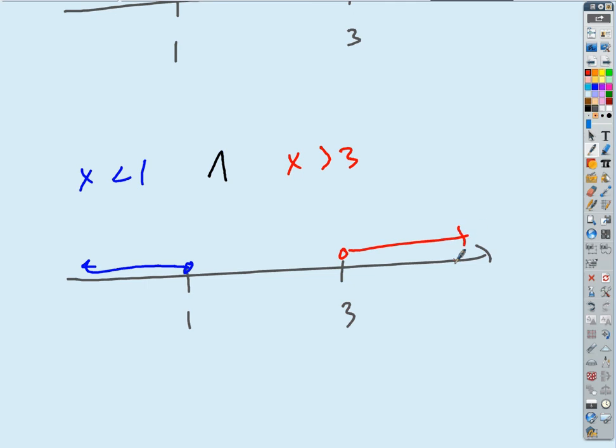Less than 1 is to the left of 1, greater than 3 is to the right of 3. Somebody find a number for me that's less than 1 and greater than 3. There's not. I'll give you $1 million if you can do it. Can't do it, can you? So that one's going to be the empty set, right? No solutions.